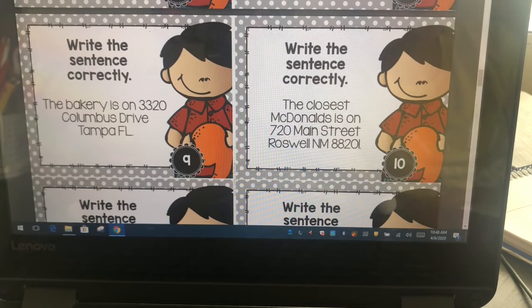The closest, capital McDonald's, is on 720 Main Street, comma, Roswell, comma, New Mexico, 88201.